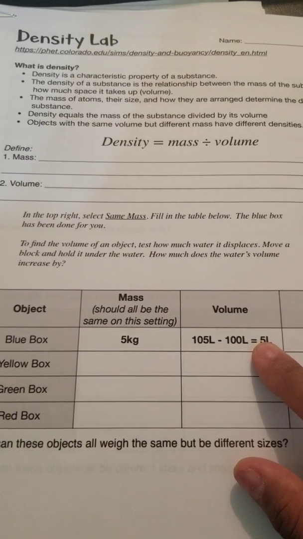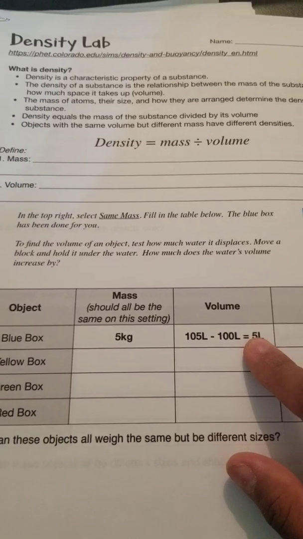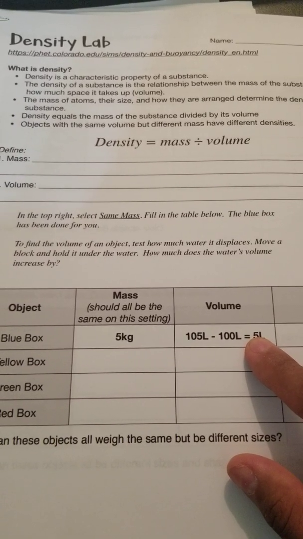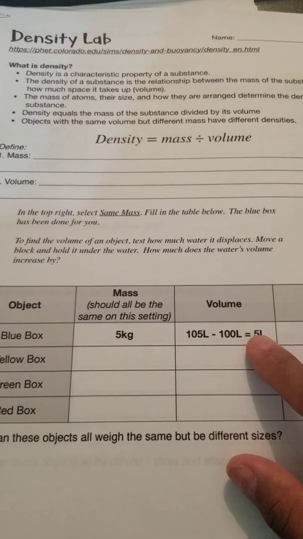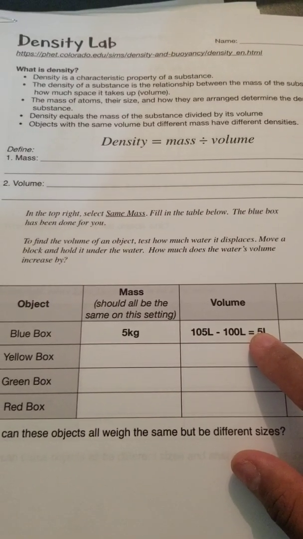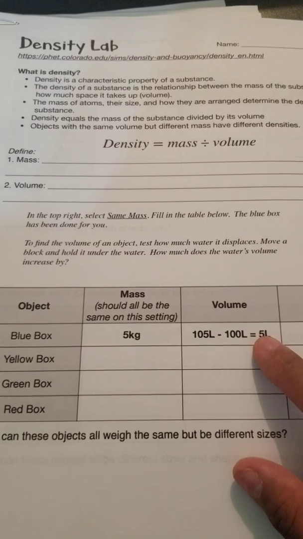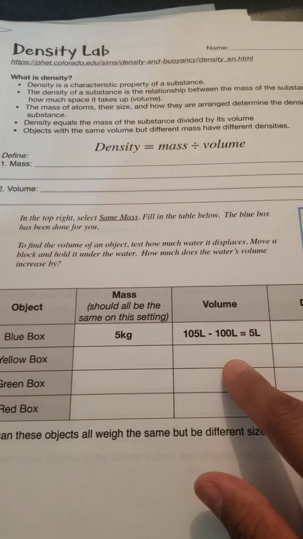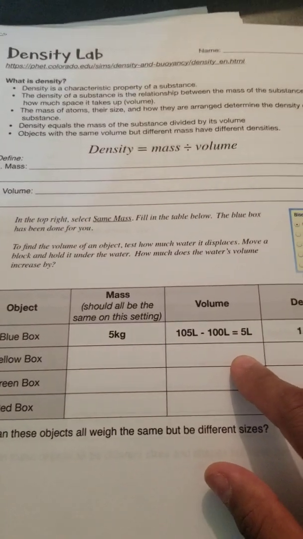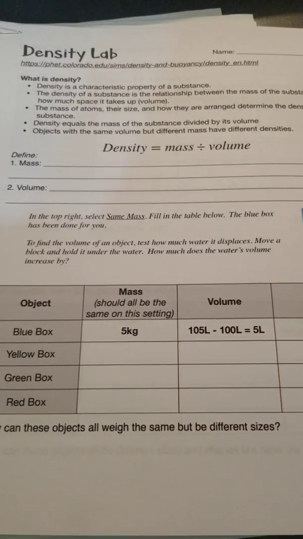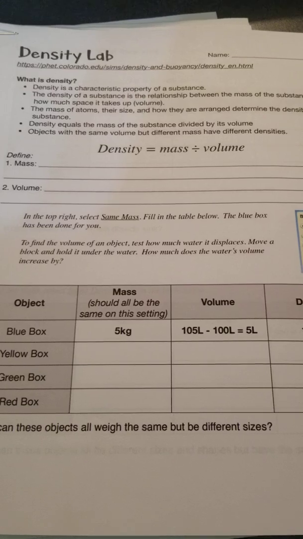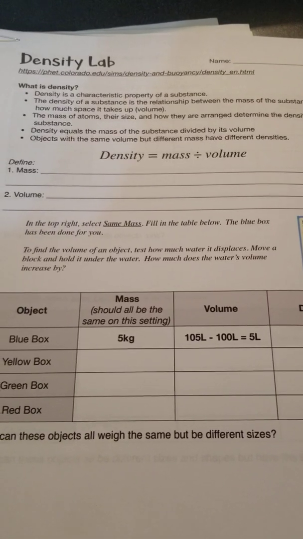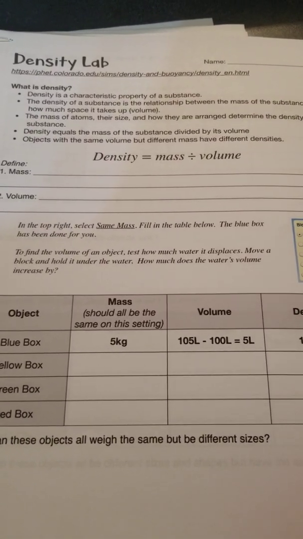To find the volume of an object, test how much water it displaces. Move the block and hold it under the water. How much does the water volume increase by? Because that's what we call water displacement. Imagine if you got a bathtub and you filled it all the way to the rim. If you were to get into it, it would displace water and water will spill out.